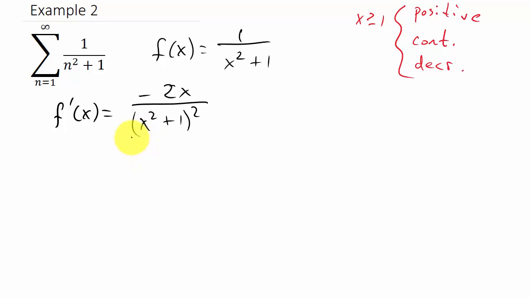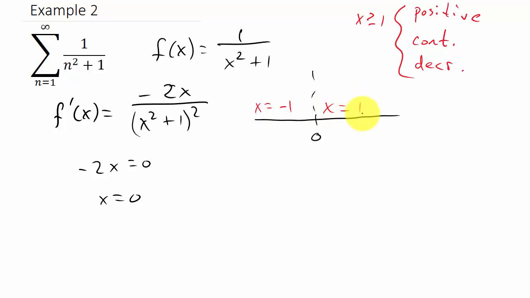Now I can set up my number line. I have to set this equal to 0 to get my critical numbers. Remember, a fraction is 0 when the numerator is 0. So negative 2x equals 0, which means x equals 0. So we use our test points. Hope you remember this from your first calculus class.